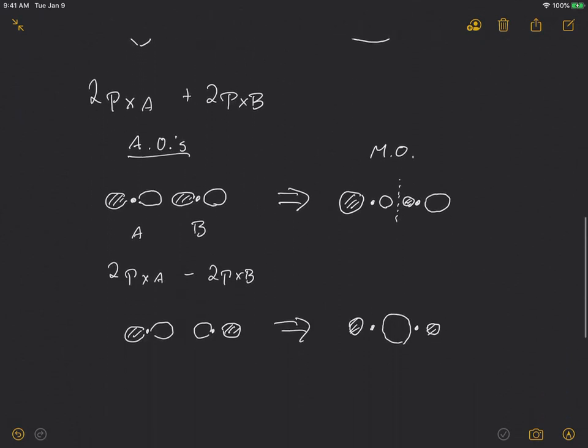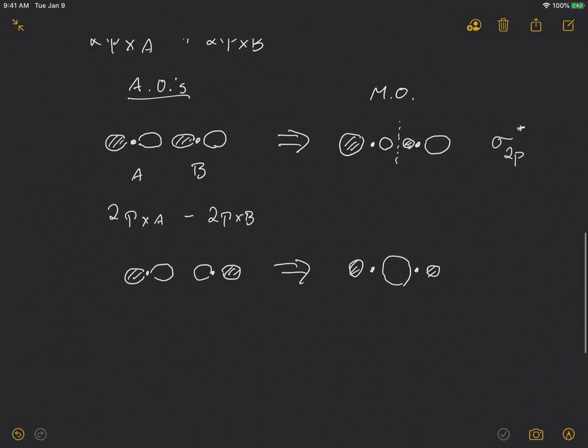We'll ignore that one. This would be a sigma 2p star. And this would be a sigma 2p orbital.